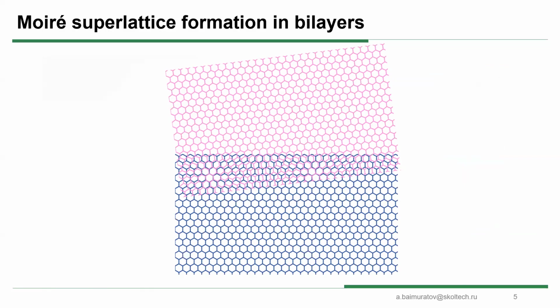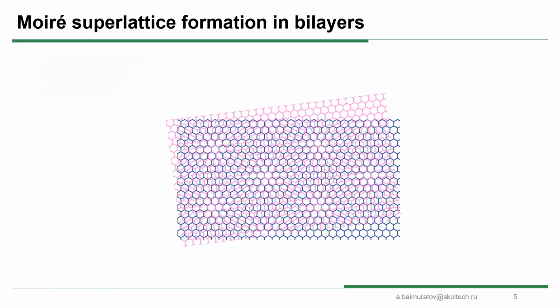And the famous Moiré picture: you can take two layers and twist them. And twist is a new degree of freedom that you can use. And we will see formation of a superlattice in such a system.